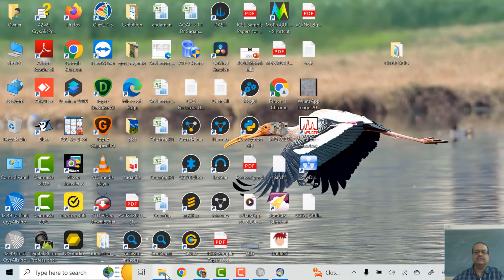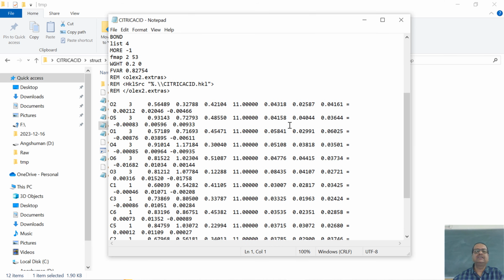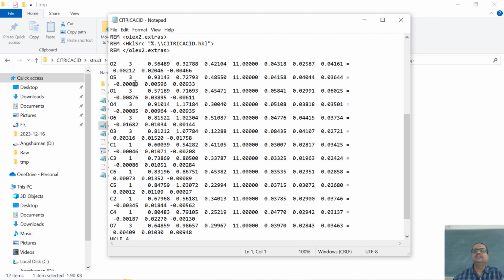So in this condition, when we try to go back and open the INS file once again, now you see all the atoms have the corresponding X, Y, Z, the occupancy parameter, refined values for X, Y, Z and occupancy parameter, and then these numbers are indicating your anisotropic thermal parameters.